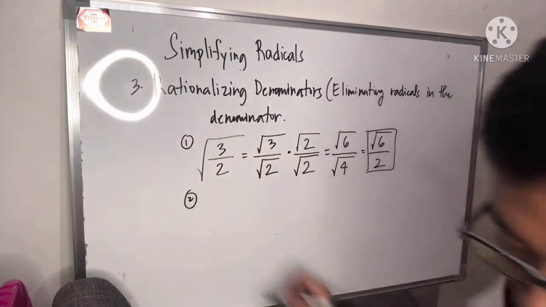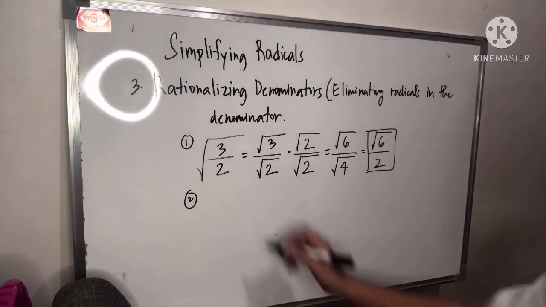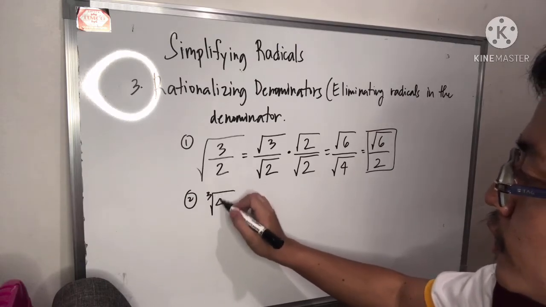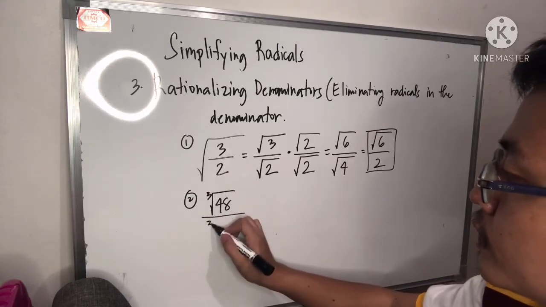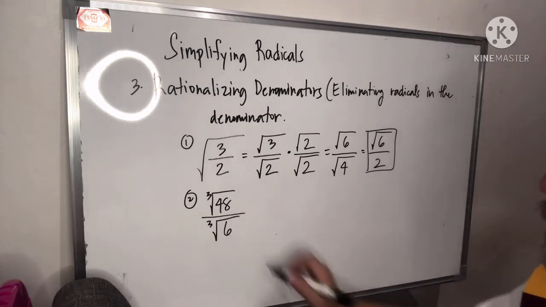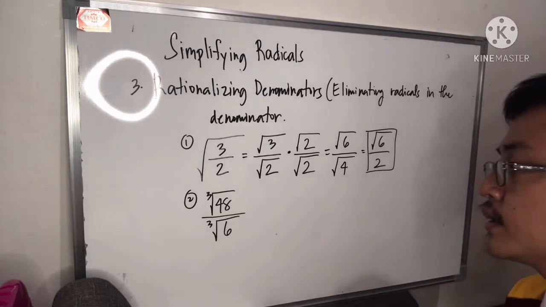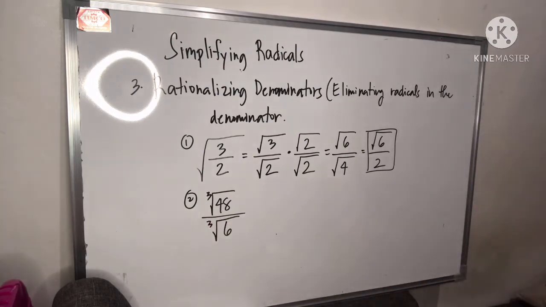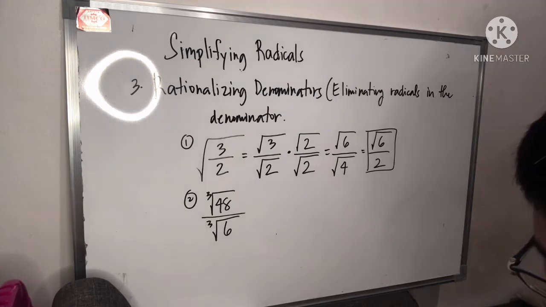Second example, let's say we have the cube root of 48 over cube root of 6. So here, ang index naman natin is 3. Okay? So, pwede yan, diretso.